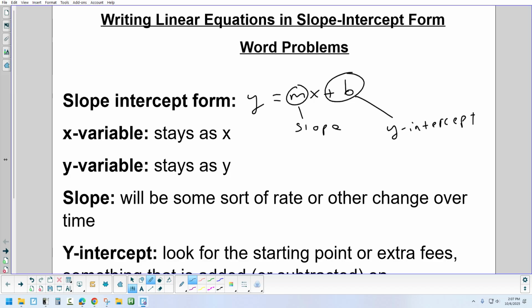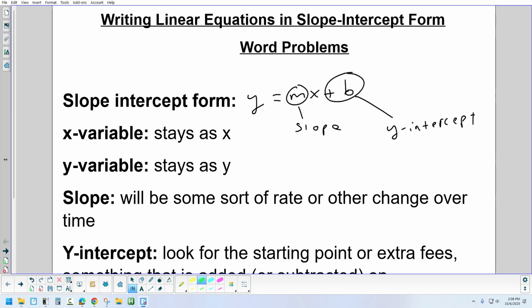Okay, so I'm going to go through when you're writing an equation in y equals mx plus b, what changes and what doesn't change. As far as what doesn't change, the x variable doesn't change. That's going to stay exactly the same. I'm going to highlight in green things that change.